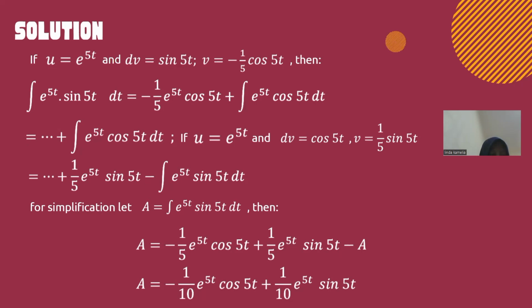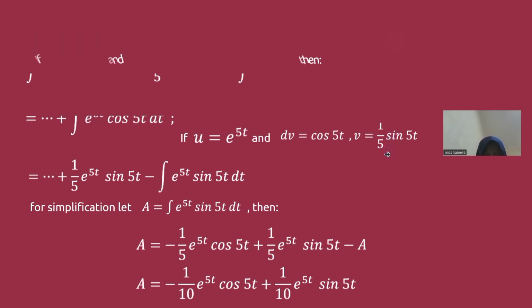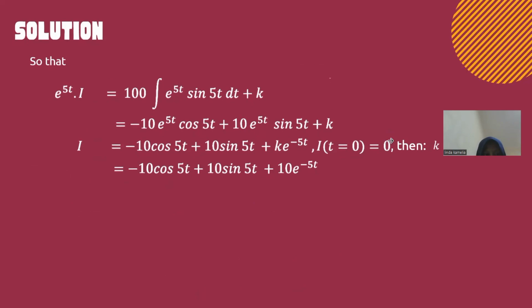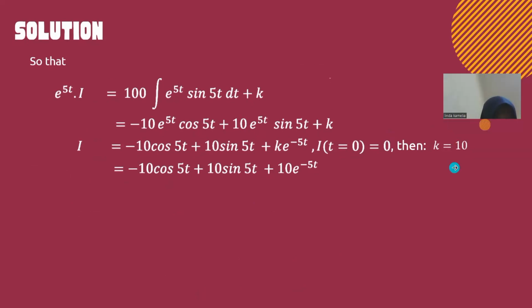Then for simplification, let A equal the integral of e power 5t sin 5t dt, then we get A equals negative 1 over 10 e power 5t cos 5t plus 1 over 10 times e power 5t sin 5t. So that we get I equals negative 10 cos 5t plus 10 sin 5t plus 10 e power negative 5t.